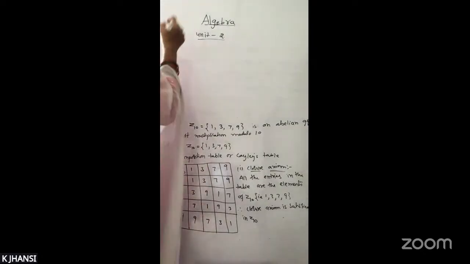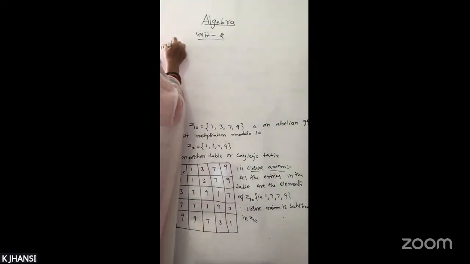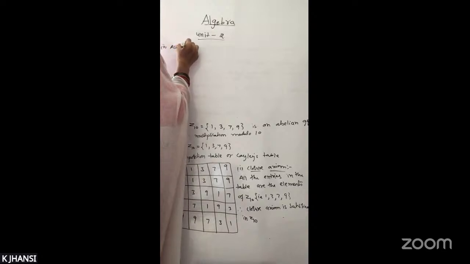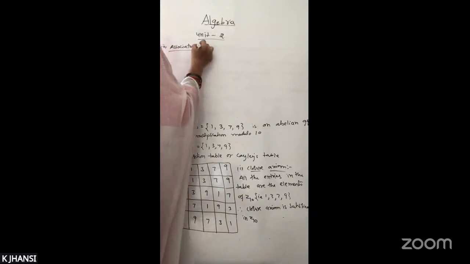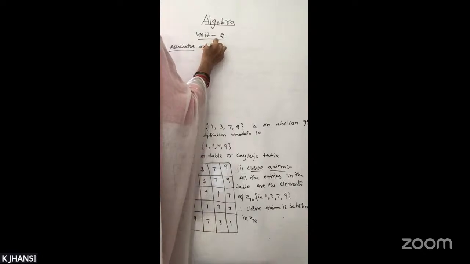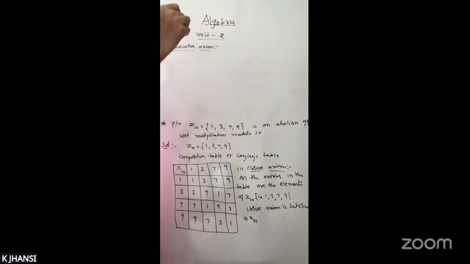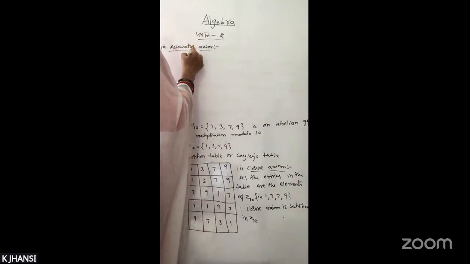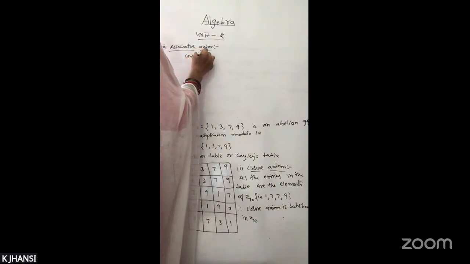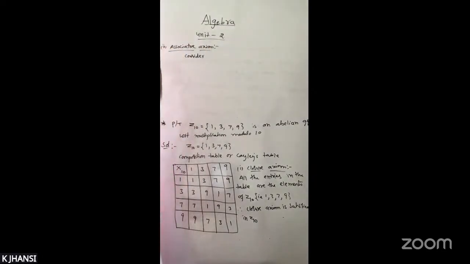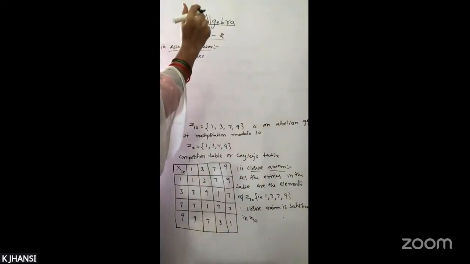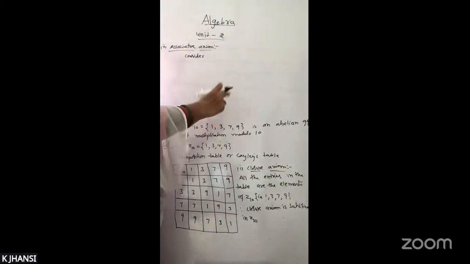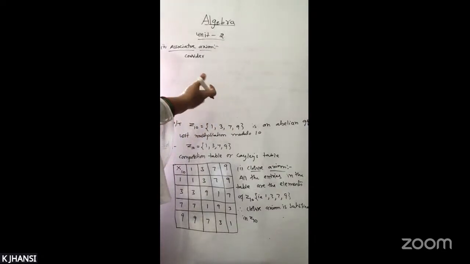So the associative axiom is the second one to consider. You take any three elements, A, B, C. Three elements means 1, 3, 7 or 1, 3, 9 or 3, 7, 9.